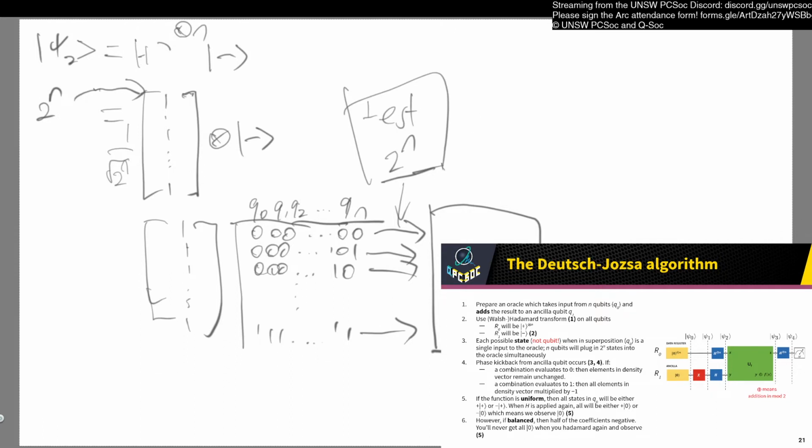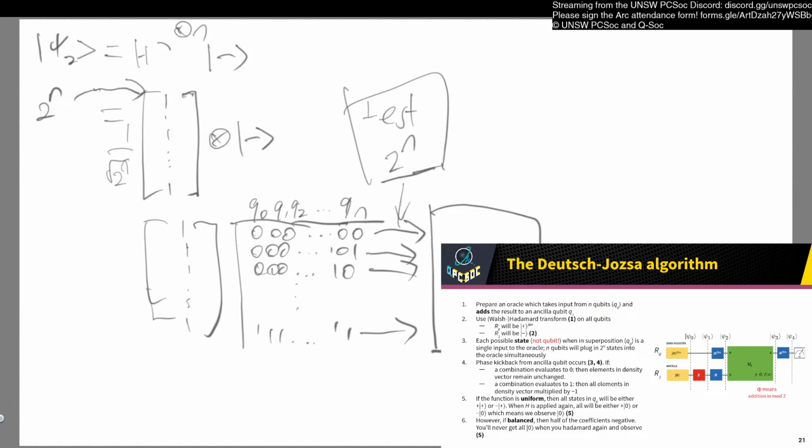So if you look in the diagram, you have the oracle. First it's y, which means some input, and then it goes to y plus f of x. F of x is just the result of the computation for one of these scenarios.